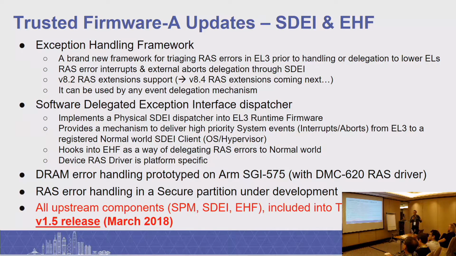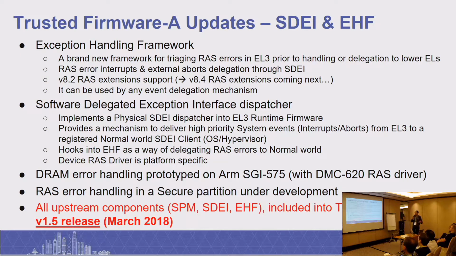The exception handling framework is a brand new framework for handling RAS errors and for delegating them to lower exception levels. It currently supports the 8.2 RAS extensions, but we also have plans to support the 8.4 extension as they become available.